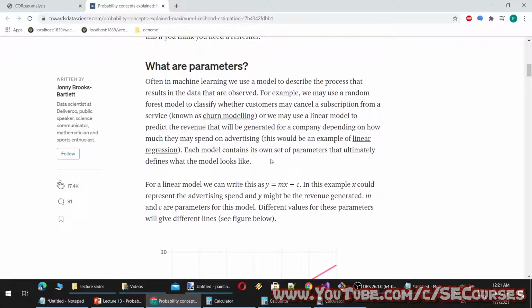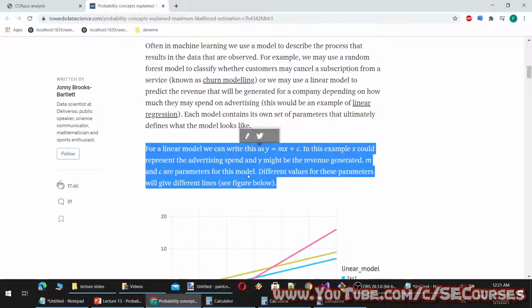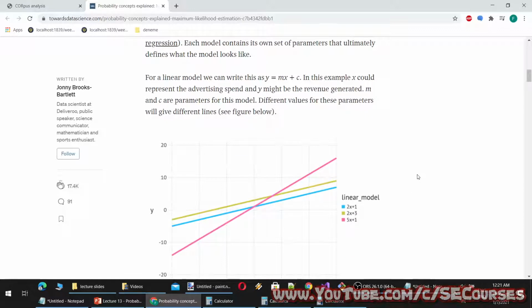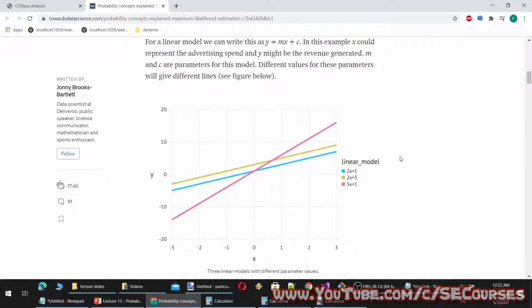Each model contains its own set of parameters that ultimately defines what the model looks like. For a linear model we can write this as y equals mx plus c. In this example x could represent the advertising spend and y might be the revenue generated. m and c are parameters for this model. Different values for these parameters will give different lines.